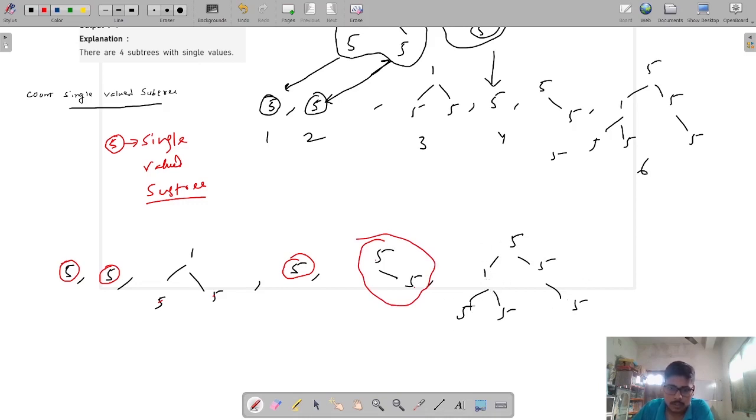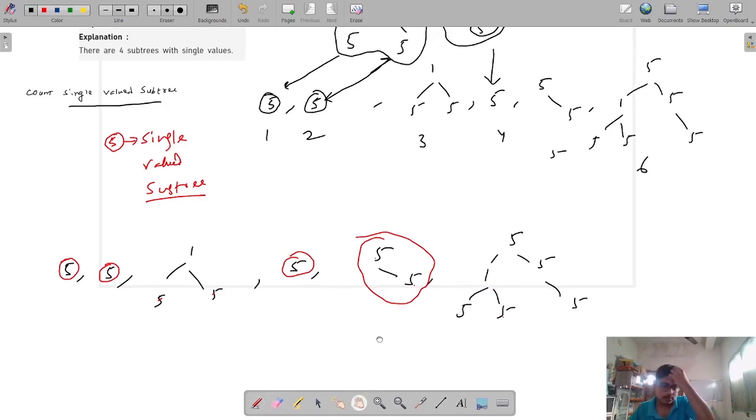No. We can see 1 and 5 are not equal, right? If it was 5, then all the values of the nodes would be equal. But this is not right because it's 1. So this is not a single valued subtree, right?